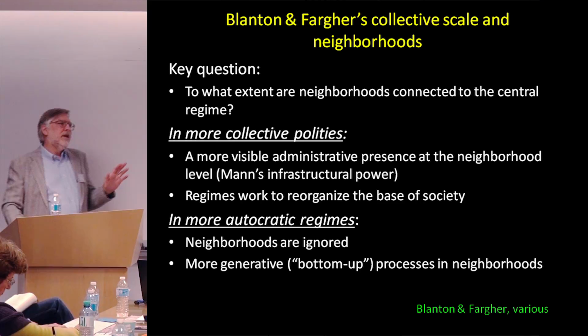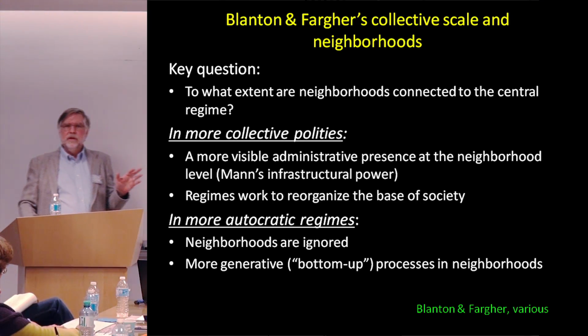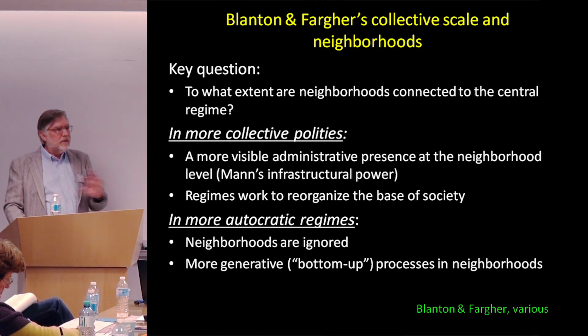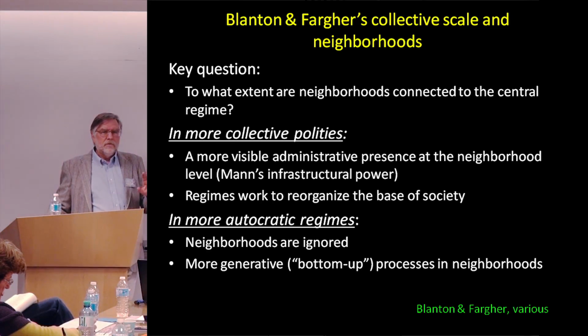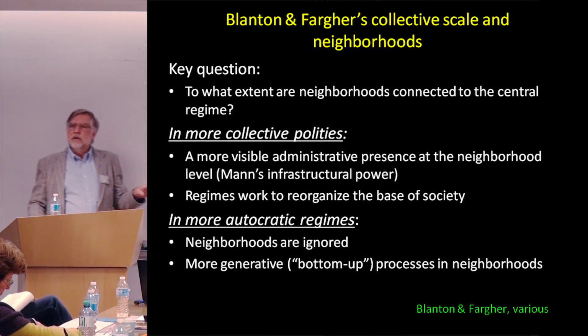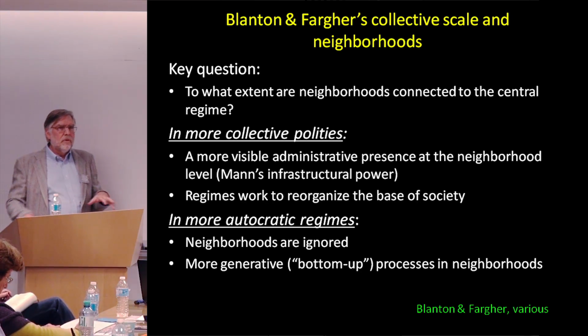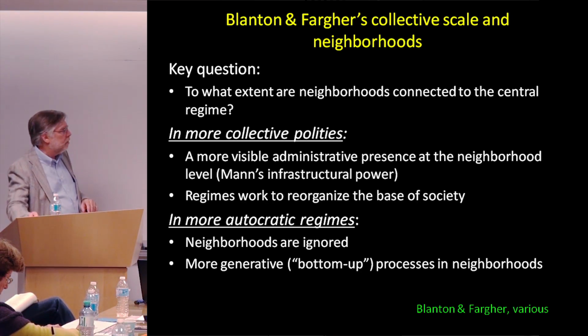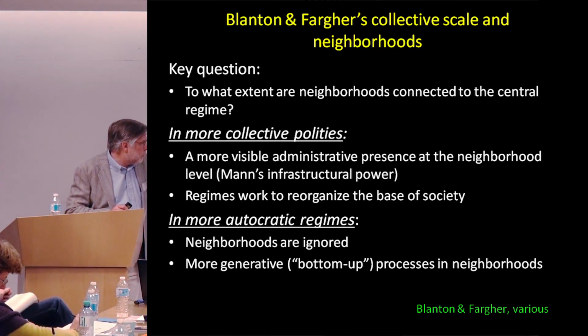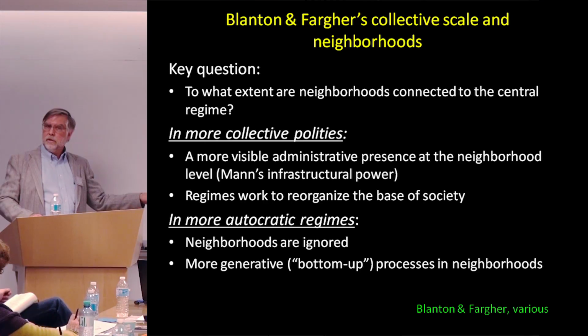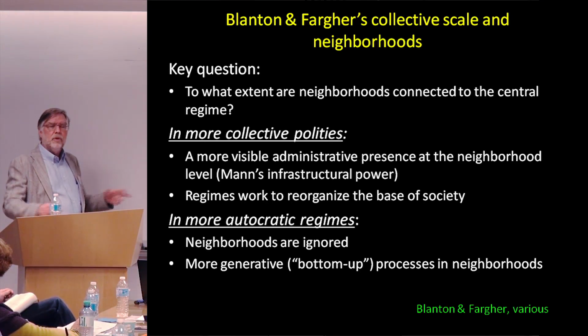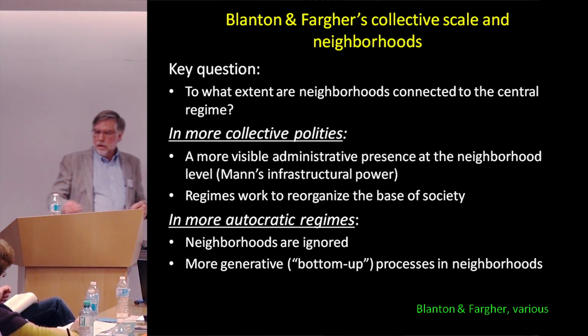And this is, again, the thing that's sort of counterintuitive about Blanton and Fargher's model. The despotic states leave people alone, just let them eat cake, let them do what they want. And the collective regimes, the more democratic regimes, are the ones that are out there sort of interfering in people's lives. In the more autocratic regimes, neighborhoods are ignored, which means there is a lot of space for generative processes, bottom-up processes.